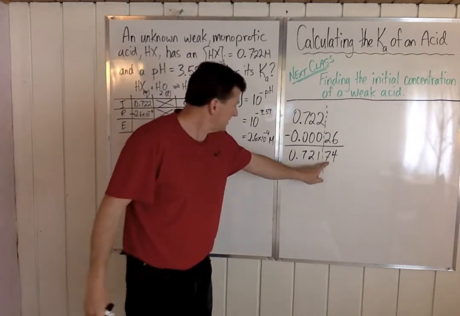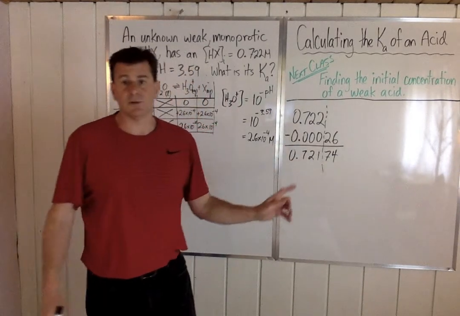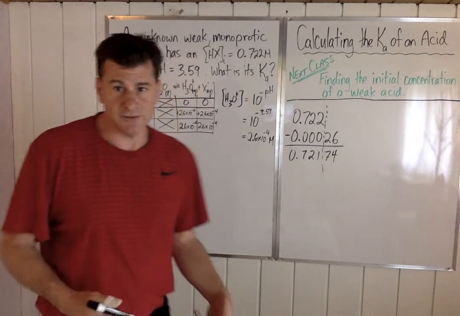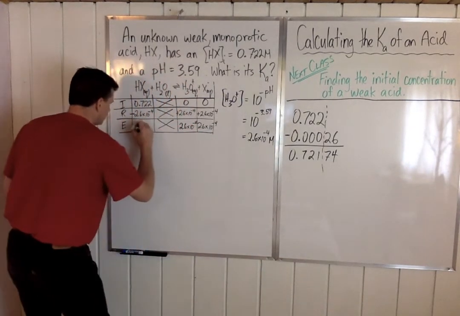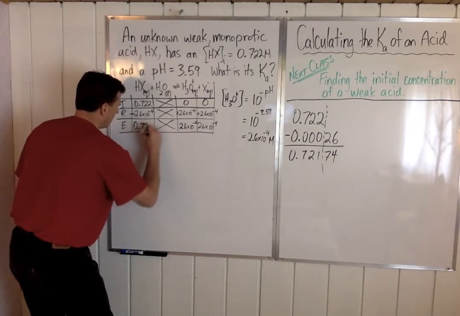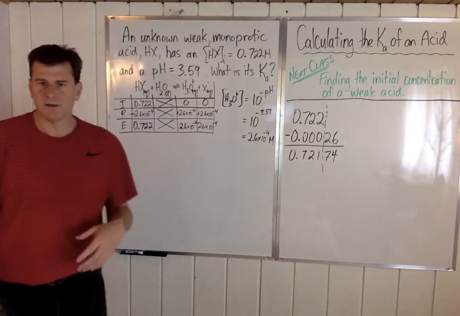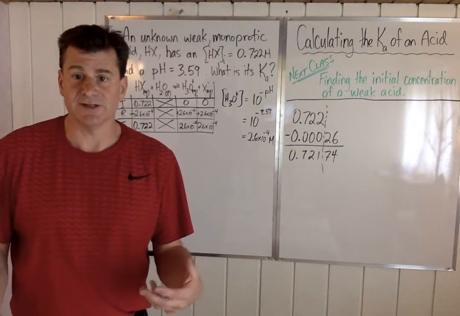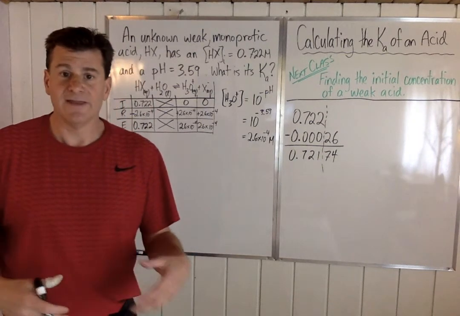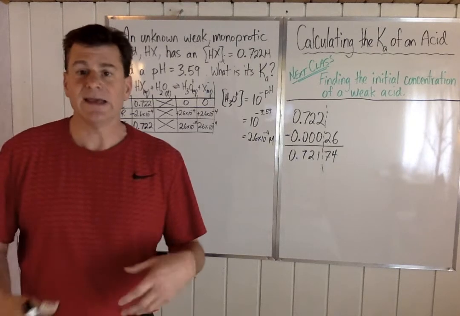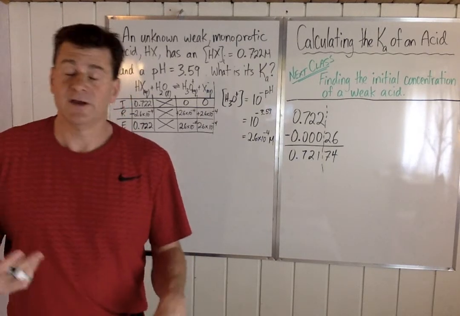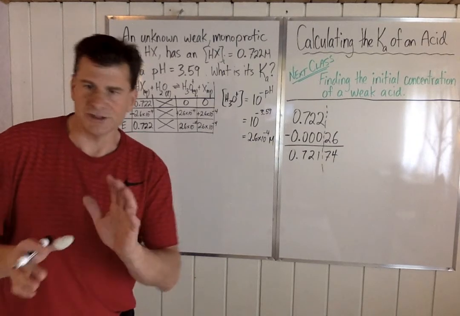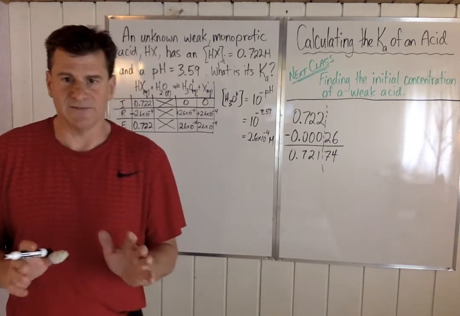Well, because there's a 7 right there, it rounds up to a 2, which means that you're just back to 0.722. So in fact, it didn't have any effect when you take significant figures into account. The value that was subtracted is insignificant relative to the level of precision of 0.722. Okay, which is kind of the purpose of sig figs in the very first place.